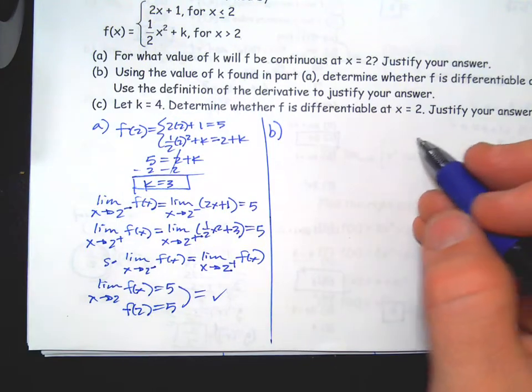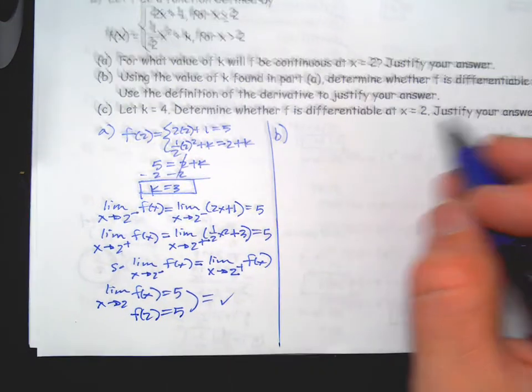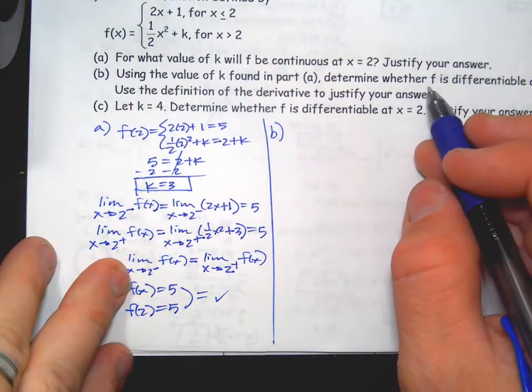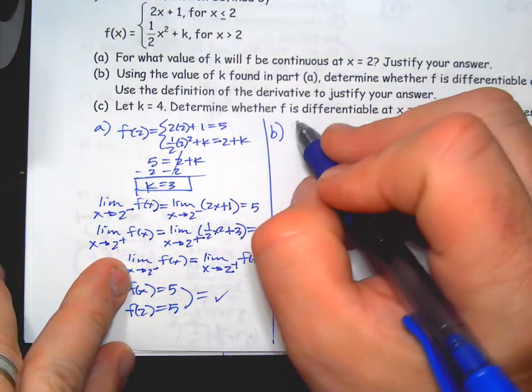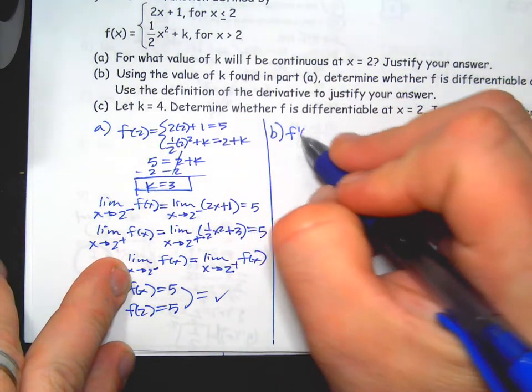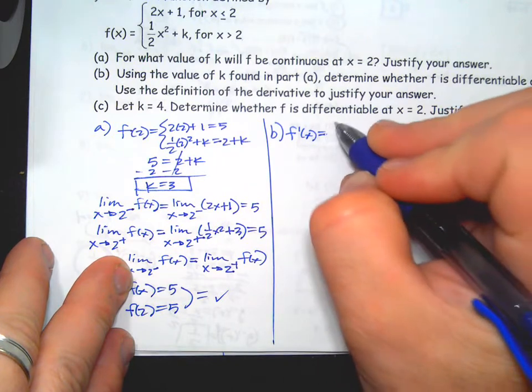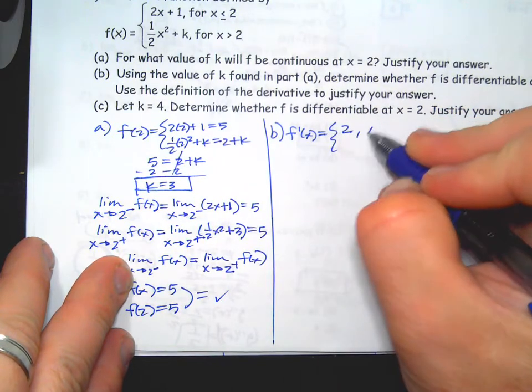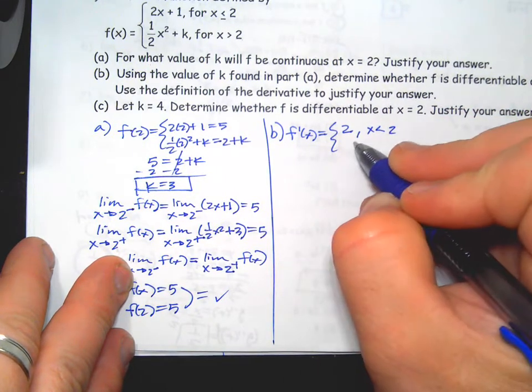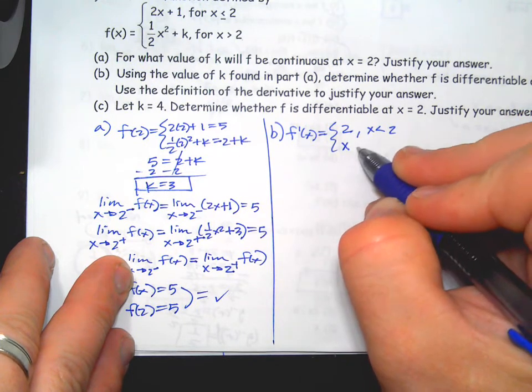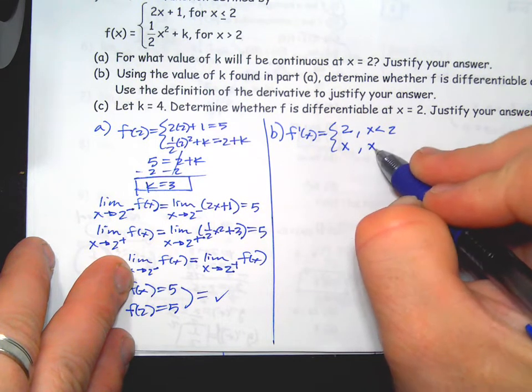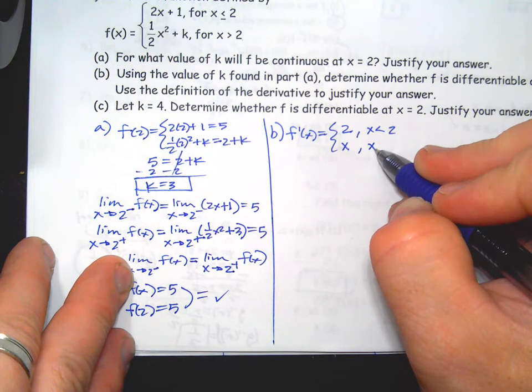B says, using the value of k found in part A, determine whether f is differentiable. Use the definition of derivative to justify your answer. So I think we're going to take the derivative now, and we get 2 for x less than 2. We're going to get x, k drops out. So actually k doesn't matter.